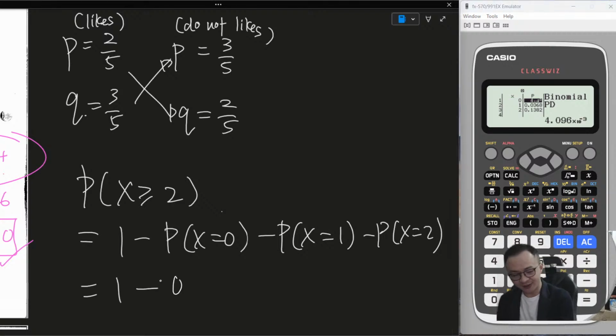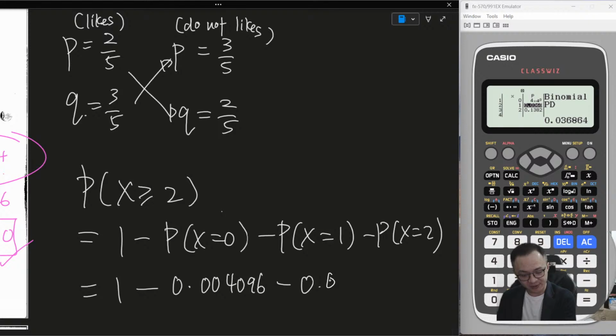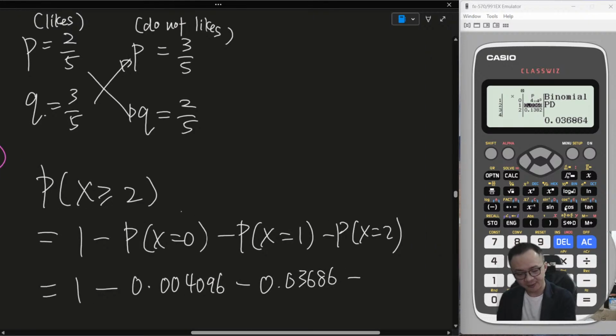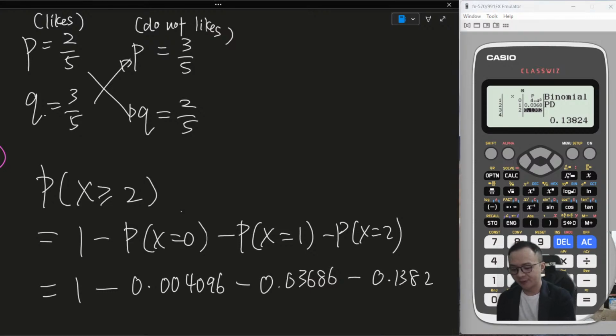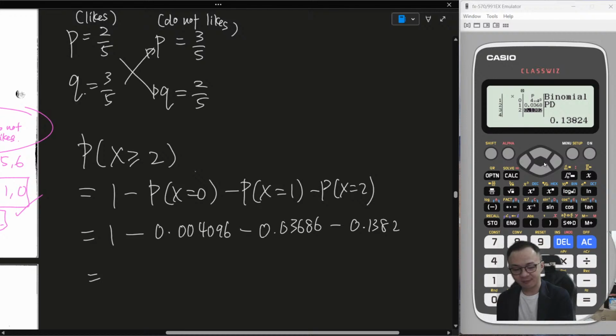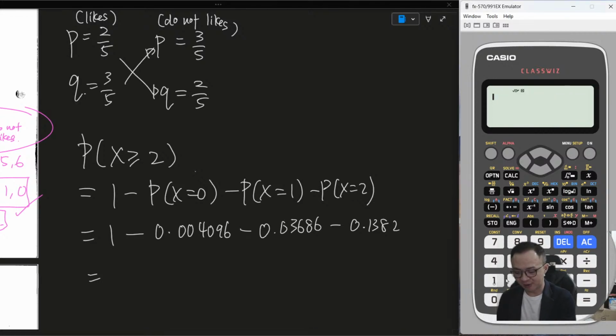The first answer is 0.004096, minus 0.03686, minus 0.1382. Okay, then you use a calculator.